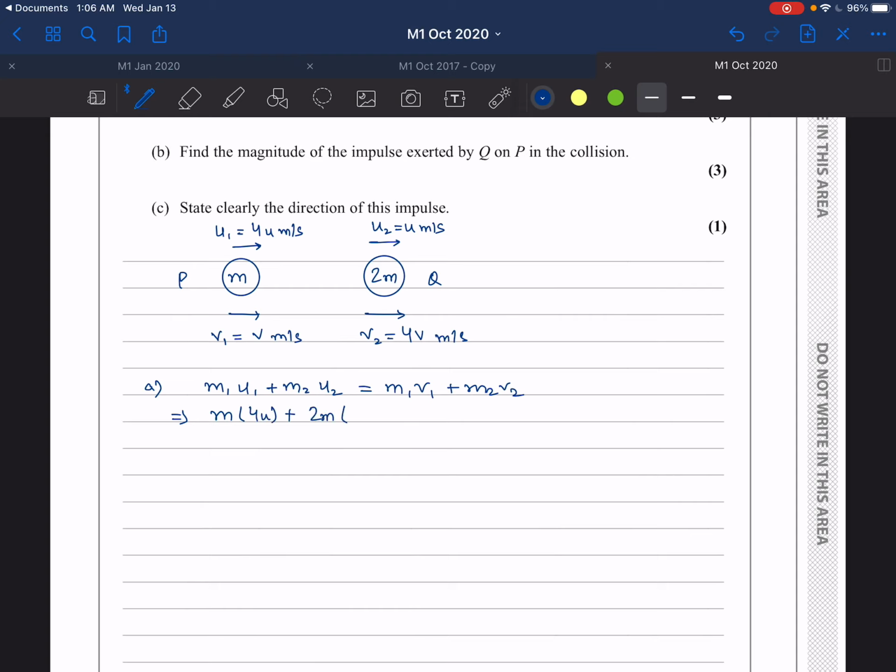If we take m common from all over the equation, it will be 4u plus 2u equals m(v plus 8v). So we can cross out the m, so 6u equals 9v.